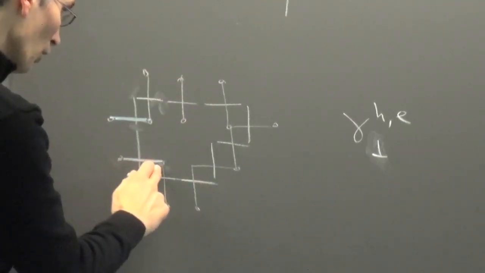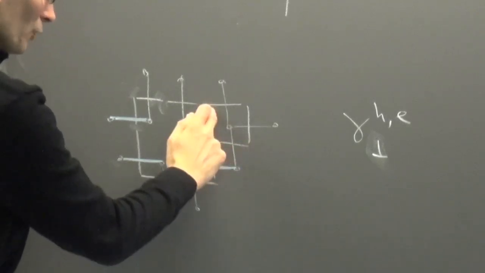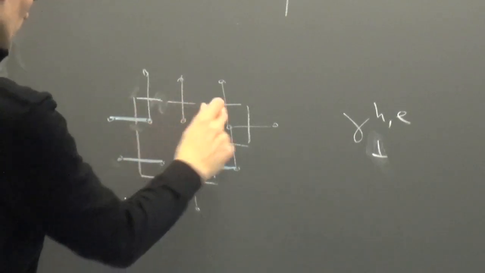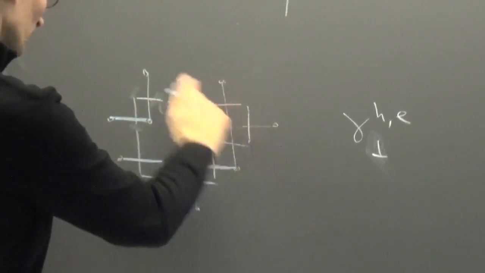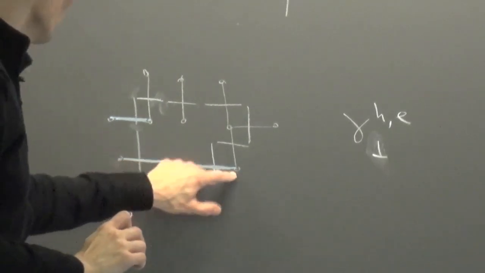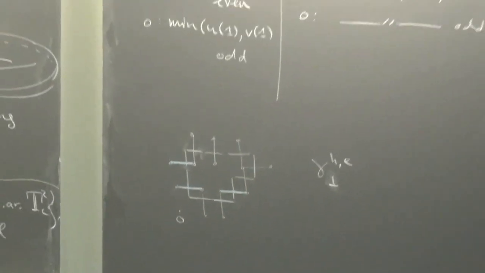This is even, odd, even, so this guy belongs. But this is odd, so this guy does not belong, this guy does not belong. This guy does not belong. No, this guy does not belong. Okay, I think it's fine. Even, odd, so it's okay. So these are the vertices which belong to gamma orthogonal H even.